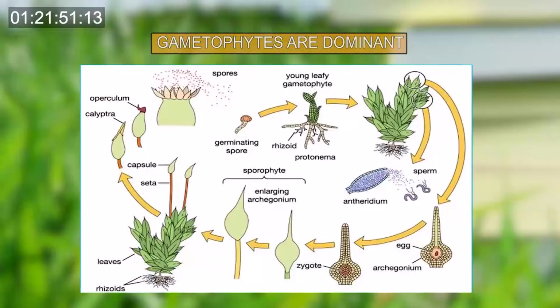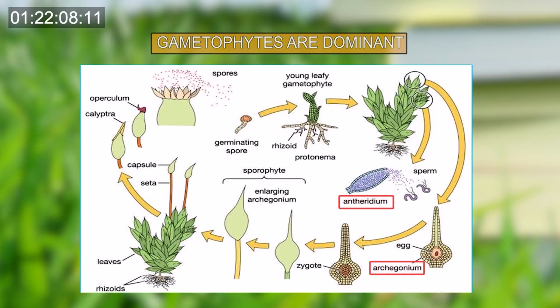The gametophytes of the bryophytes are usually dominant in nature since they occupy a major part of the life cycle of the bryophytes. Like here in this diagram we can see that there is a young leafy gametophyte, and within this gametophyte there are the antheridia and the archegonia, which are the male and the female reproductive organs respectively.